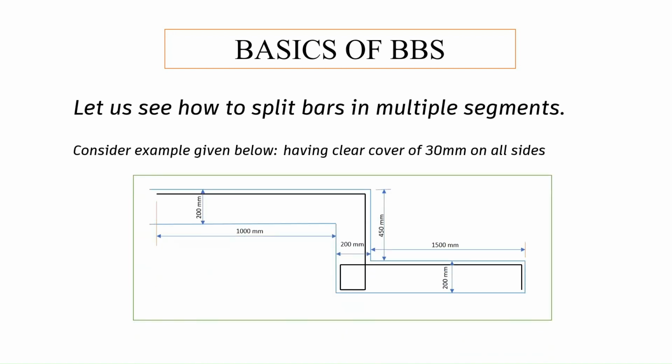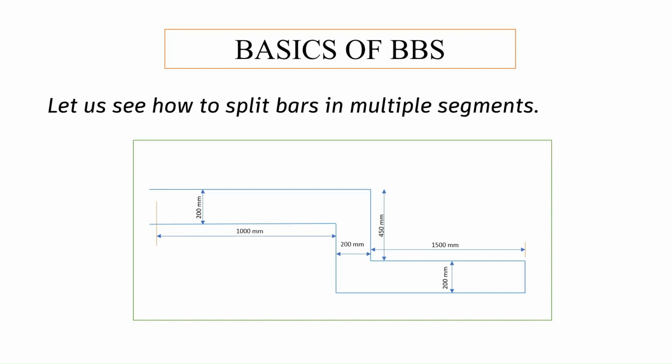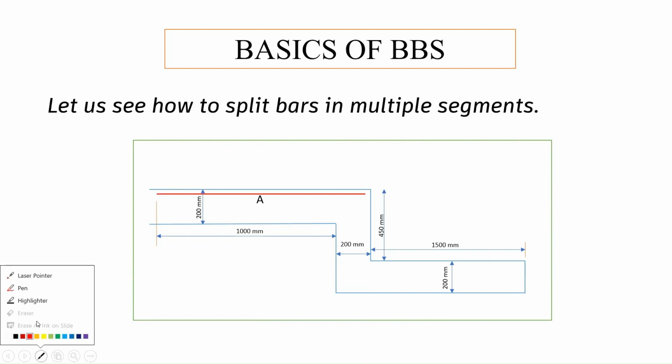So here is our example. We have a certain chhajja type of section where you can see the dimensions of the element as shown in the figure. So we will see how we can split the members into individual segments. First of all, we will consider this reinforcement as A. This reinforcing bar is starting from this point.